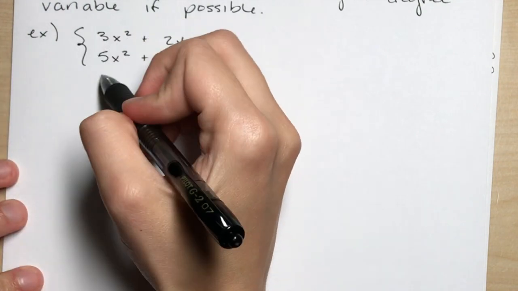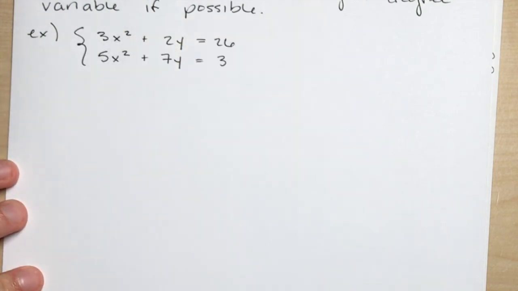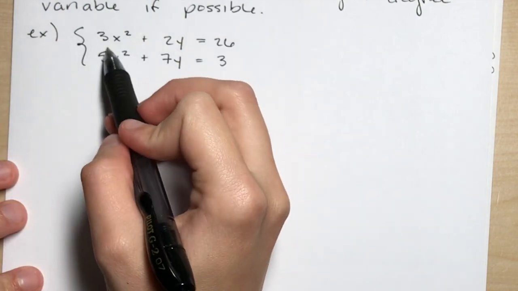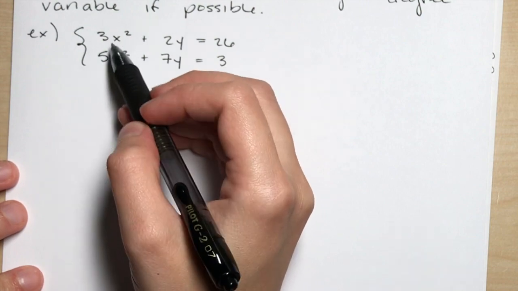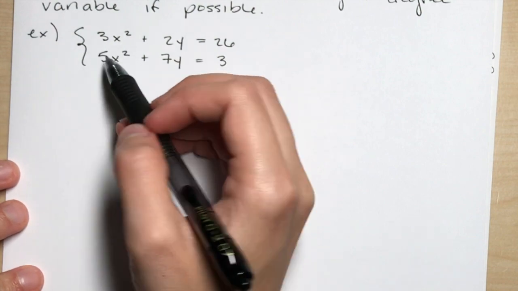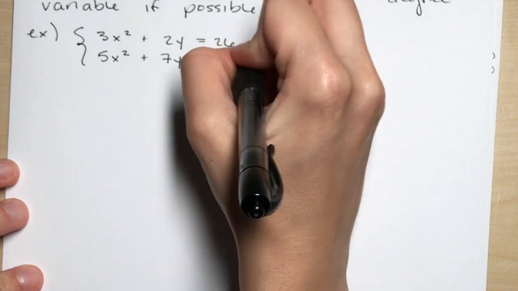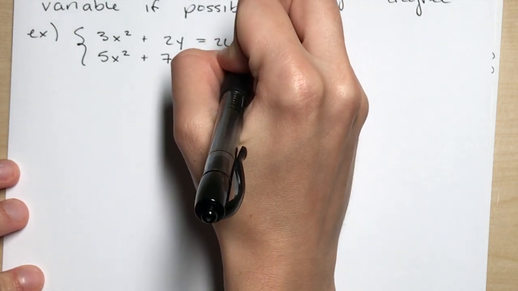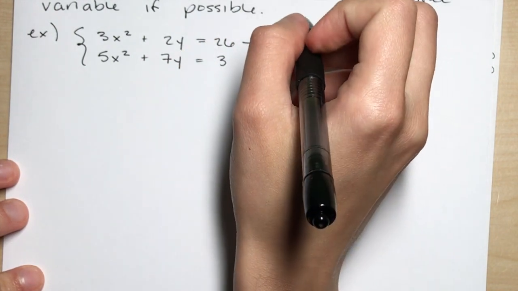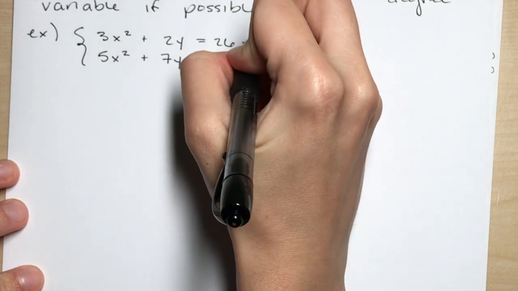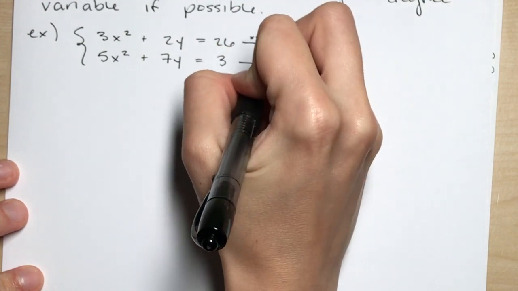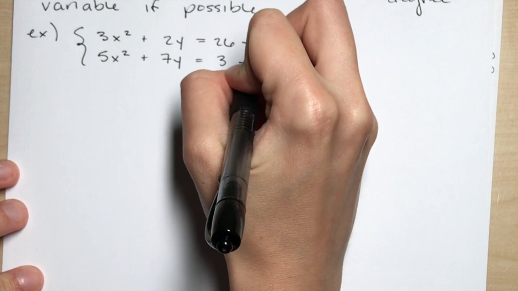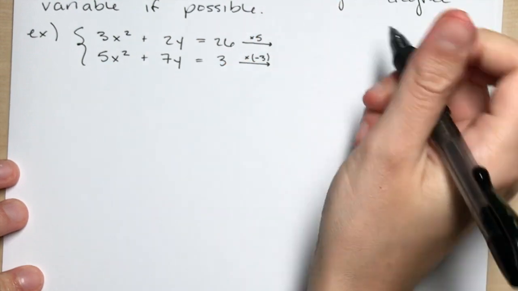So what's the least common multiple of these two numbers here? The smallest number that can be divided by both 3 and 5 is 15. So let's multiply this top one by 5 and this bottom one by, remember we need opposite signs, so let's do negative 3 here.